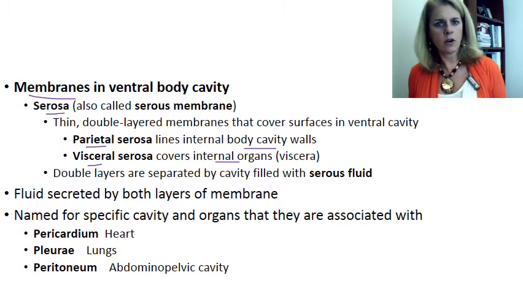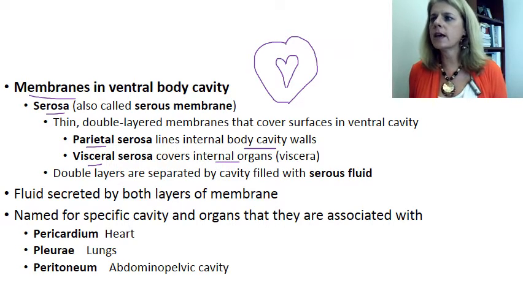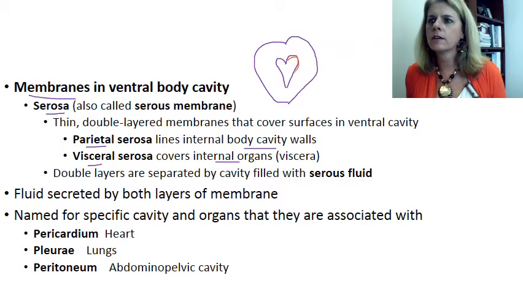So let me just draw what it kind of looks like. So I'm going to draw a heart, and I'm going to draw the cavity that the heart's in. So there is a membrane that's on the heart itself. That's the visceral membrane. And then the membrane that lines that cavity would be the parietal membrane.